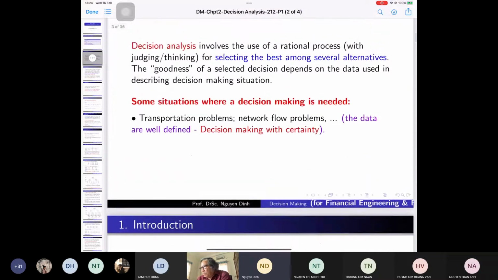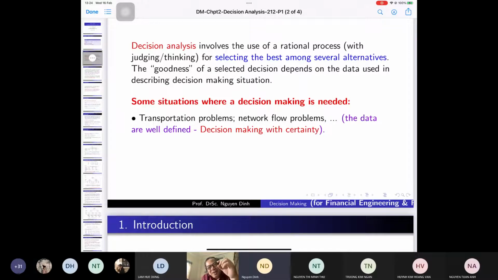So what does decision analysis mean? As you see in the slides, decision analysis involves the use of a rational process.